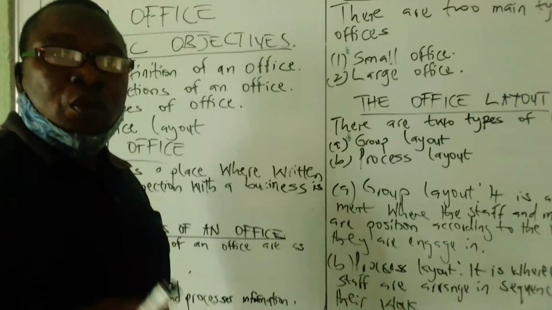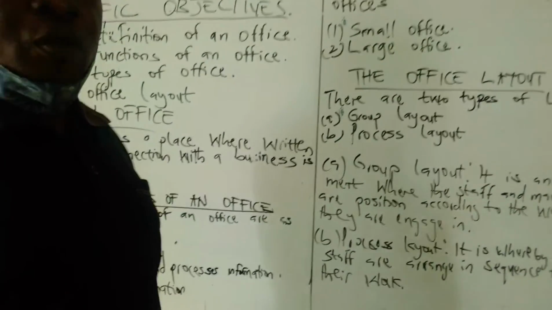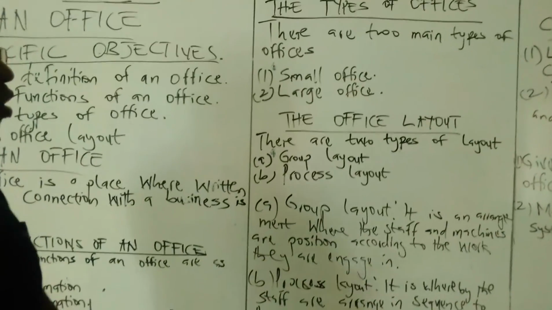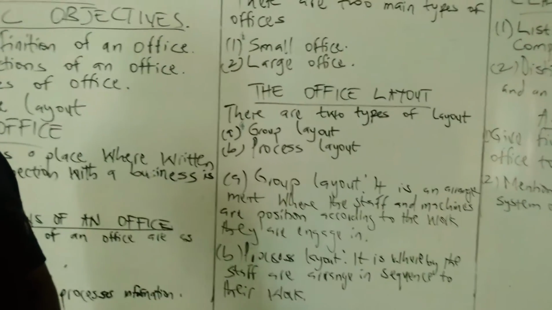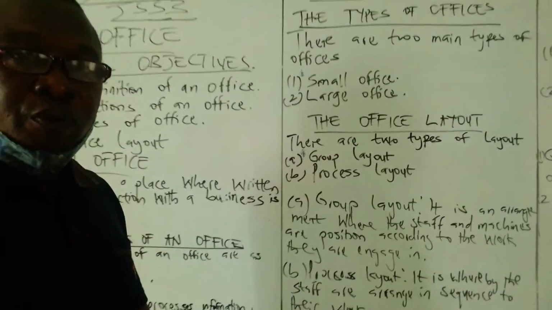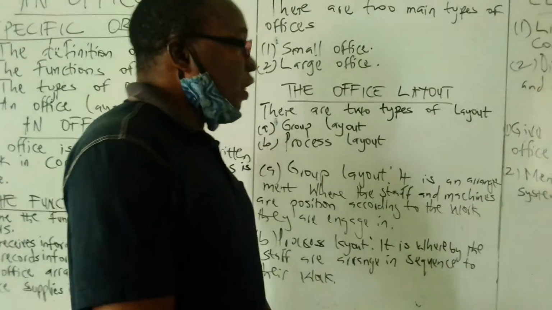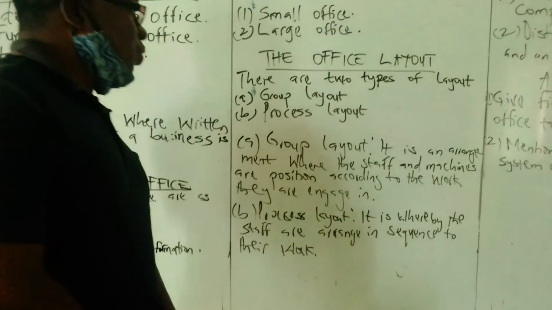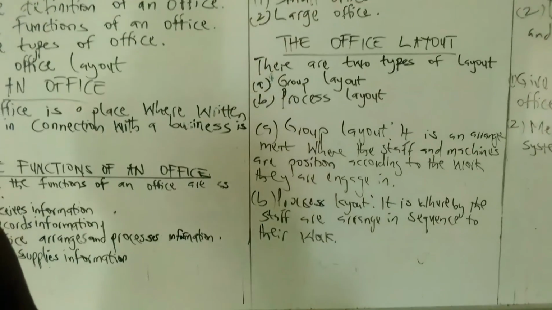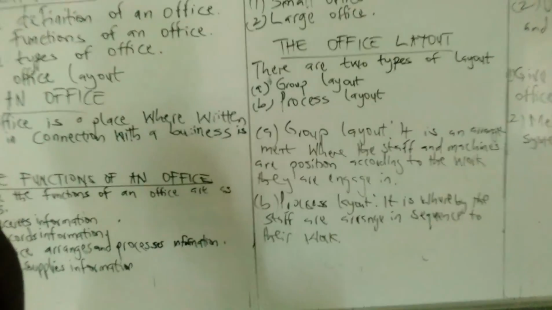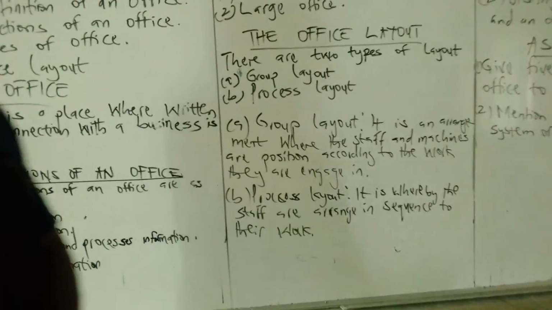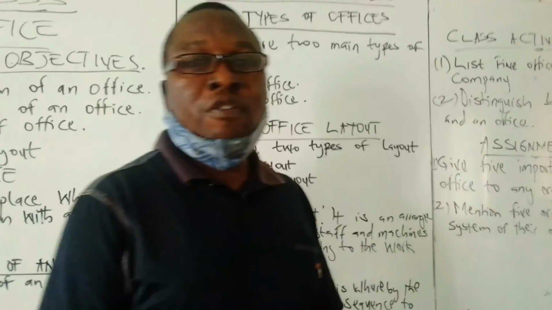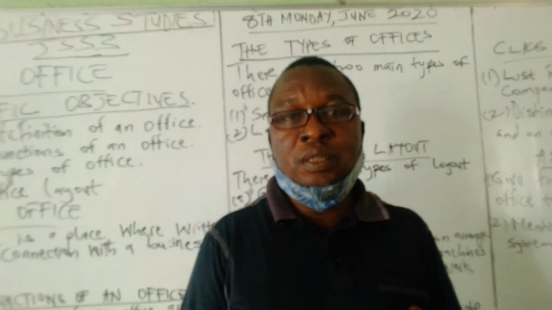We also mentioned types of offices, like a small office and a larger office, which depends on the organization. Then also the structure, that is the layout of an office, where you have the group layout and the process layout. I think with this brief explanation, we have clarified what an office is.